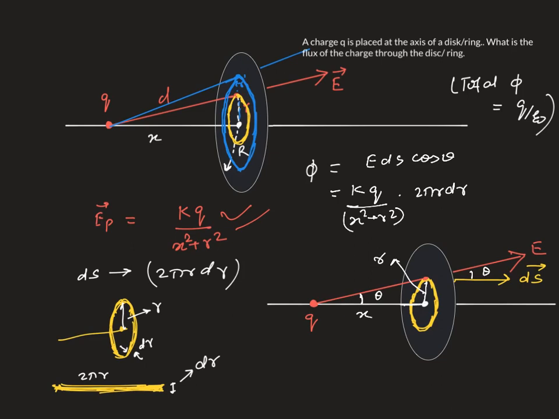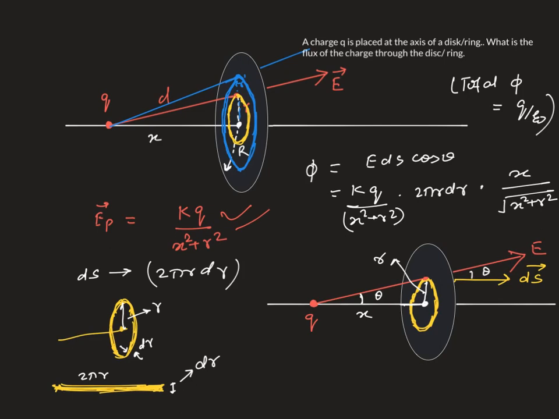So what is cos theta going to be in a right angle triangle? The cos theta is going to be the base, that is x, by the hypotenuse, that is root under x squared plus r squared. And this is the flux that we have found only for the yellow area.